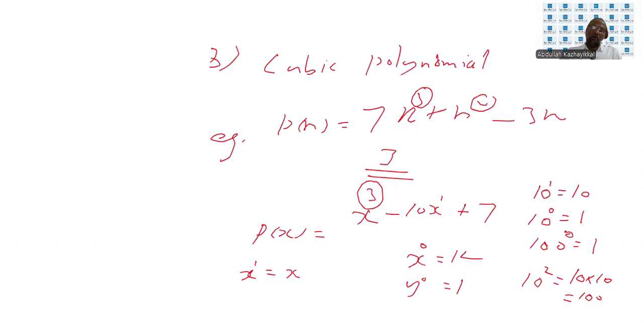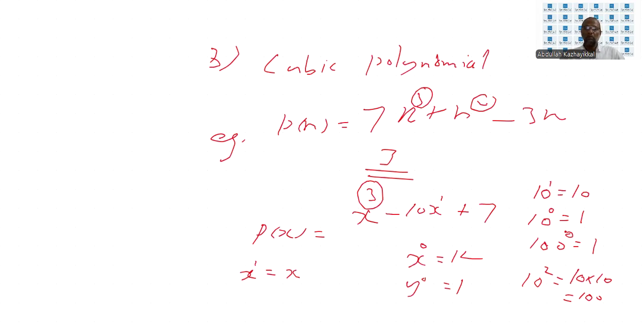So linear polynomial, quadratic polynomial, cubic polynomial. What did we discuss today? What is linear, what is quadratic, what is cubic polynomial. First, what is the difference between an algebraic expression and a polynomial? A polynomial is a special kind of algebraic expression whose exponents of the variable must be whole numbers.